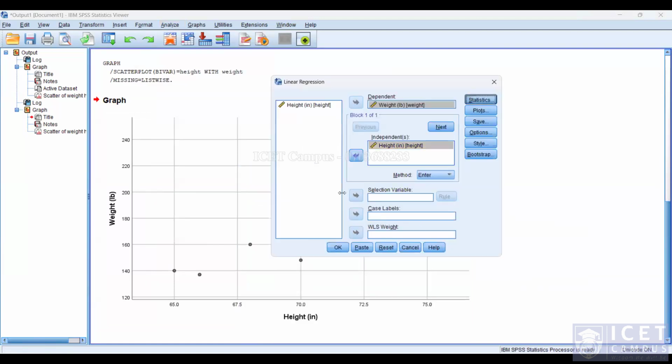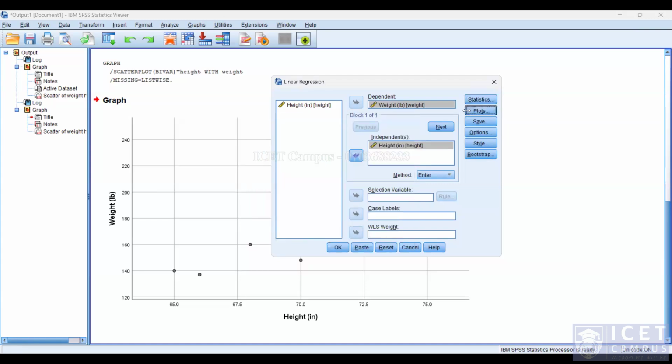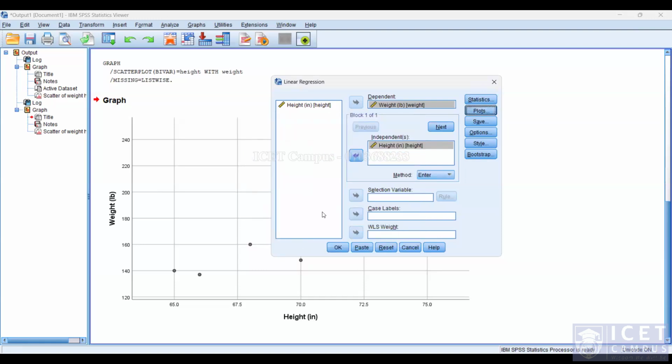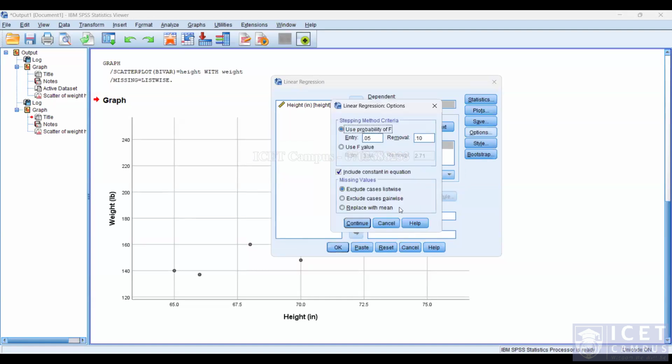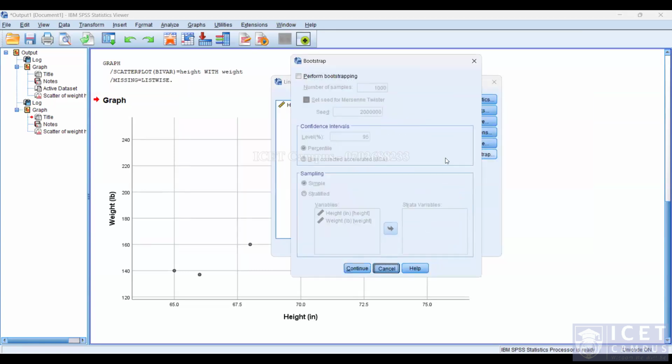Then Statistics, so model fit, we can take estimates, and if you need, we can take descriptive statistics also. In Plots, we can take histogram and normal probability plots. And then Options, and Style, but that's enough.